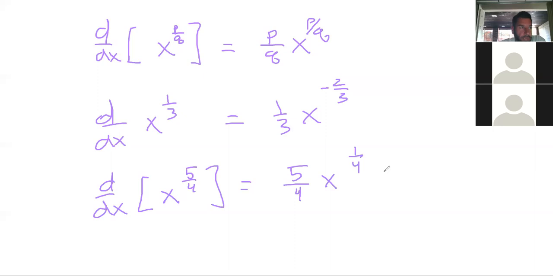But anyhow, I hope you guys will come to terms with the fact that 1/3 minus 1 is negative 2/3, and 5/4 minus 1 is 1/4. I hope you'll convince yourself that that's true. Oh, by the way, I wrote this wrong. Up here, this should be -1. Sorry about that. That was an honest mistake.